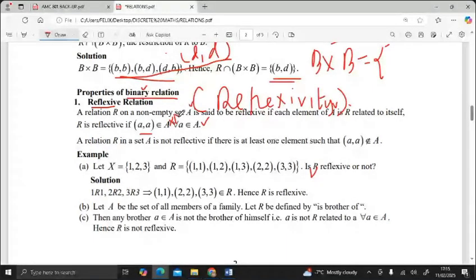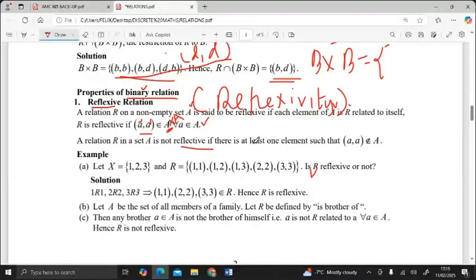What we need to have here is A cross A, right? That one is in that. For every pair in the Cartesian product of A and itself, we see that A is related to itself.